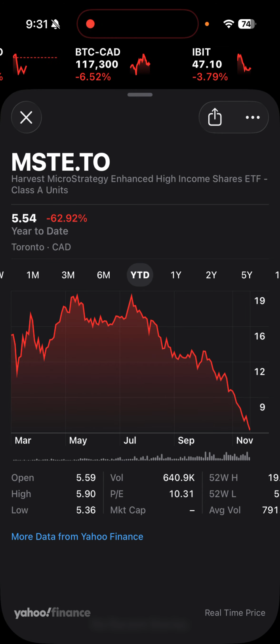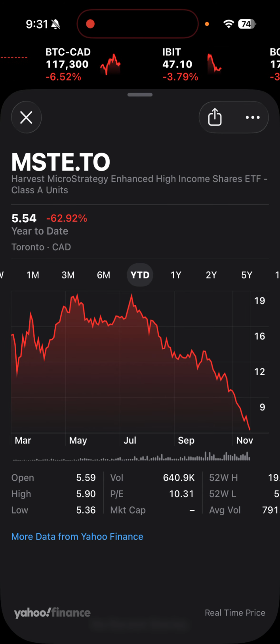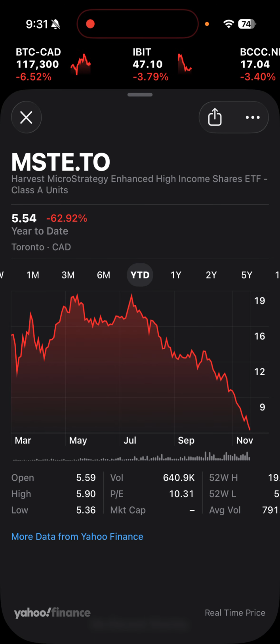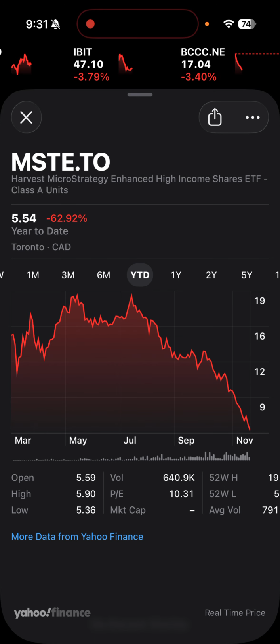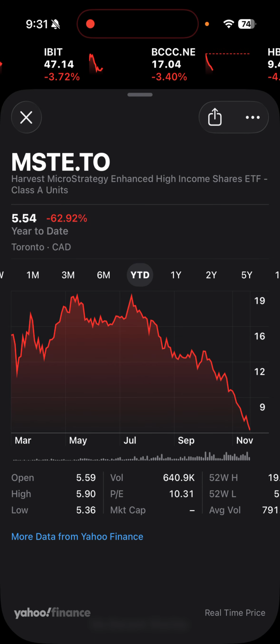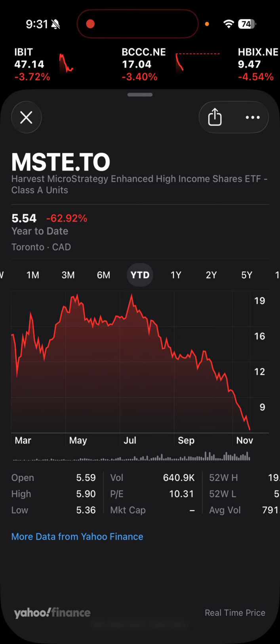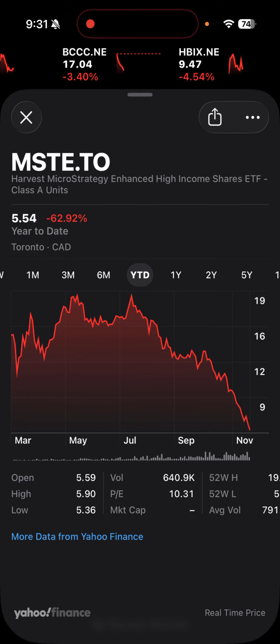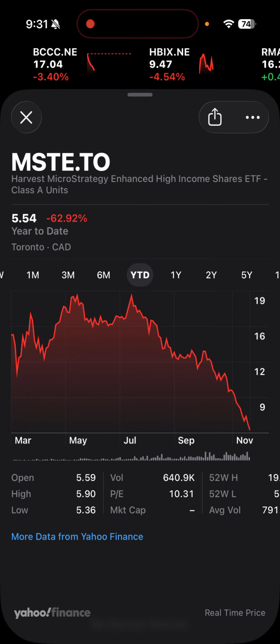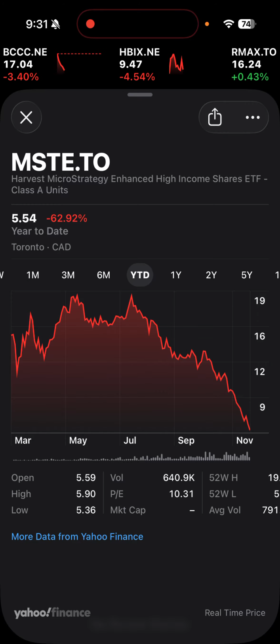Now, is there still upside potentially? Sure. You go with a single stock or a single stock ETF and you go higher risk, higher reward. I'm not an expert on MicroStrategy or what they're doing, but I'm just using this as an example, guys, of going in on one fund. I know a lot of people put a lot of money into MSTE and it was doing really, really well for quite a while.